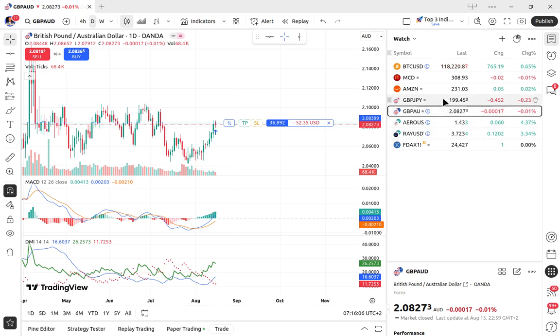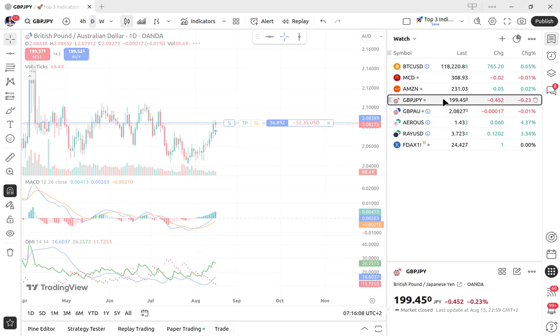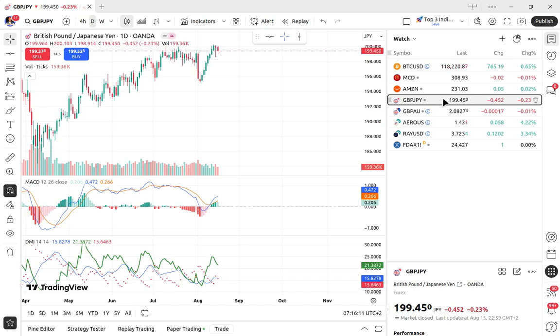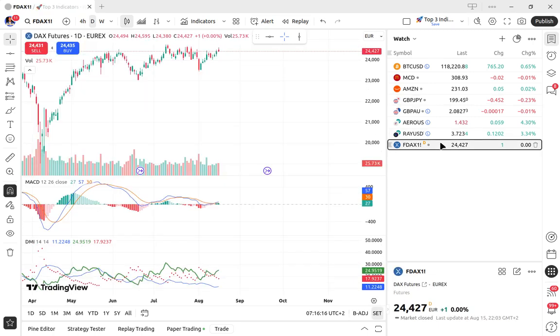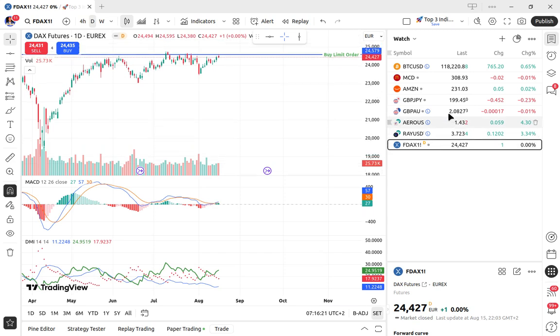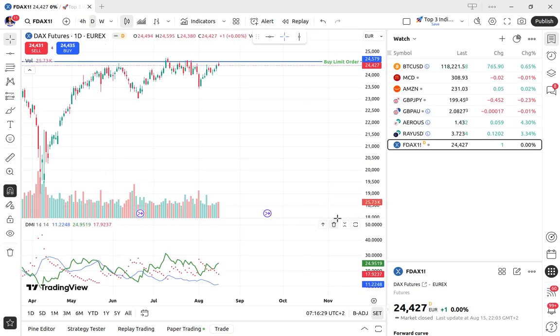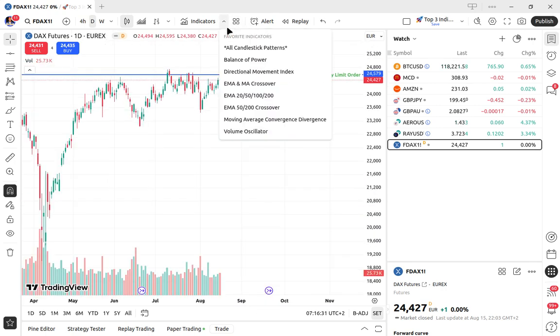So as you can see, it's not very perfect, but you can see the similarities. Gold and silver as well were close enough, but not that close. And then finally, you can check out the moving average.